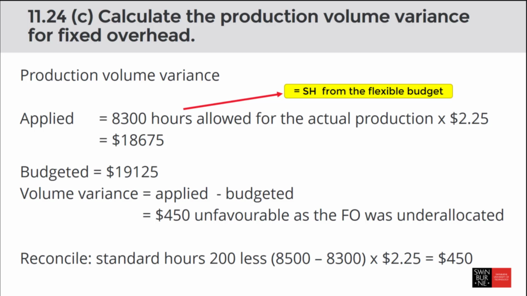Budgeted is 19,125. Therefore, the volume variance, applied 18,675 versus budgeted 19,125, is unfavorable, because there was unused capacity. The fixed overhead was underallocated. To check, standard hours are 200 less, because based on your master budget it is 8,500. However, the hours that you applied for fixed overhead are 8,300 hours.